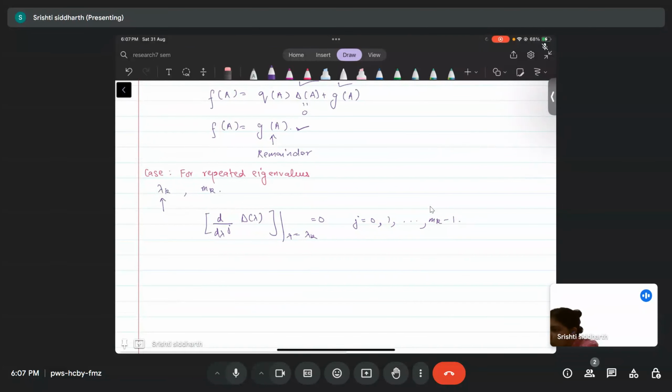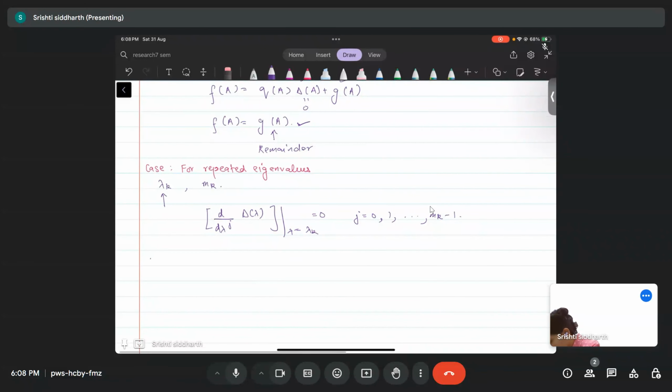Alright. So for repeated eigenvalues, this reduces to lambda to the power j. The jth order differentiation of f of lambda evaluated at lambda k is exactly equal to the jth order differentiation of g of lambda evaluated at lambda equals lambda k.